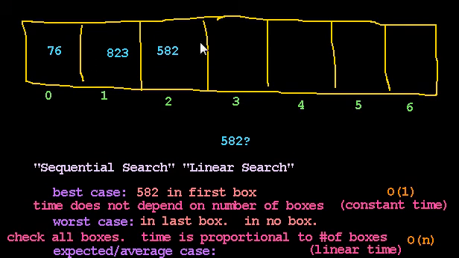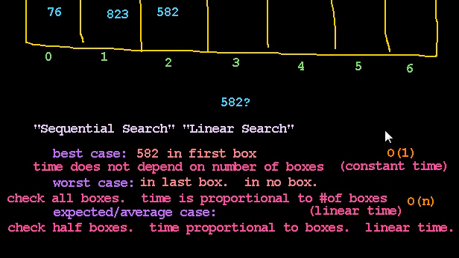If you have to look for a value in a bunch of boxes, the time it takes to find that value is going to be proportional to the number of boxes. Twice as many boxes, and it will probably take you twice as long. There's only one situation where that's not true: what if you always get lucky and it's always the first box you look in? Then we say the time is constant.